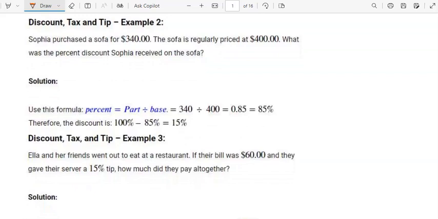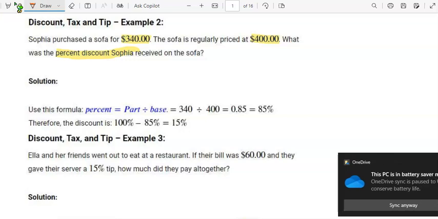Discount, tax, and tip example 2. Sophia purchased a sofa for $340. The sofa is originally priced at $400. What was the percent discount Sophia received on the sofa? Solution: use this formula.